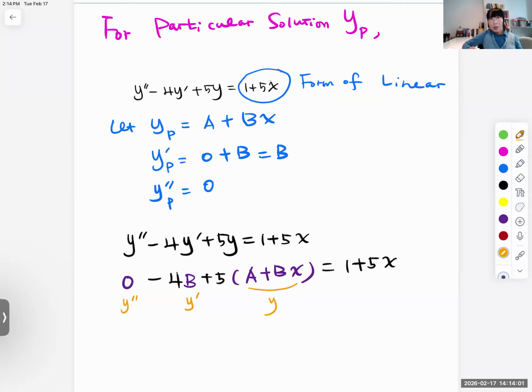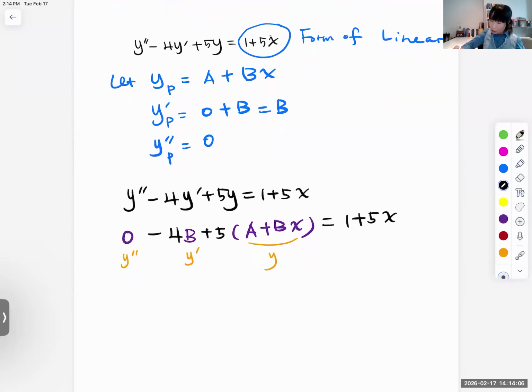Okay. All right. Then let's take a look. I want to distribute. So we have negative 4b plus 5a plus 5bx equal to 1 plus 5x. Okay.